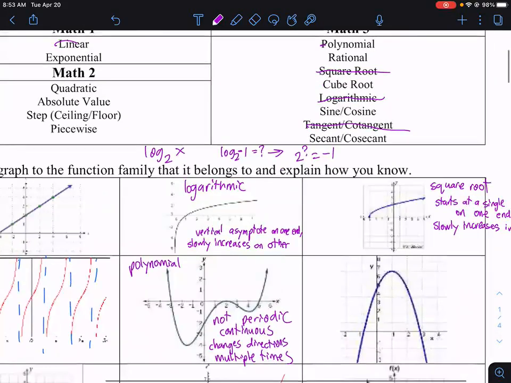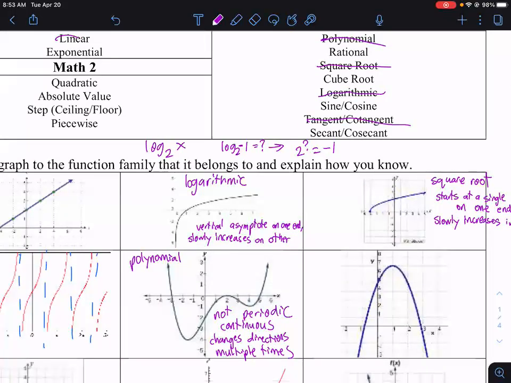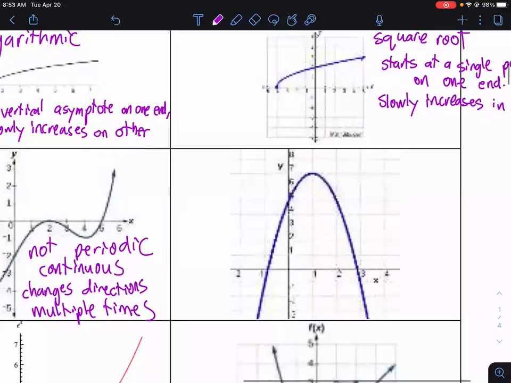Okay, so next we've got our quadratic. And this was something you focused a lot on in Math 2. There are different ways you can describe the quadratic.